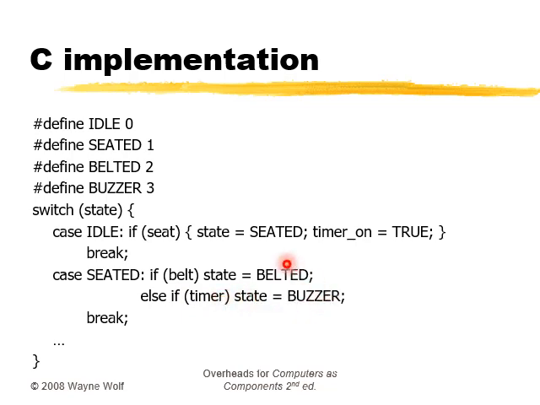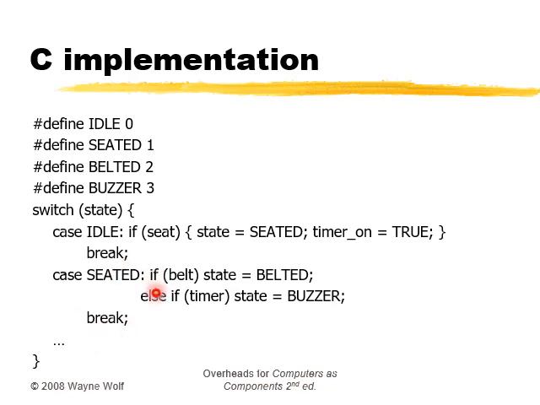We can go in two directions. Either we can go to belted from seated, or we can go to buzzer from timer. So it depends on whether the person has fastened the seat belt within the desired time interval or not. After that we will have another case, that of belted, and finally another case, that of buzzer.